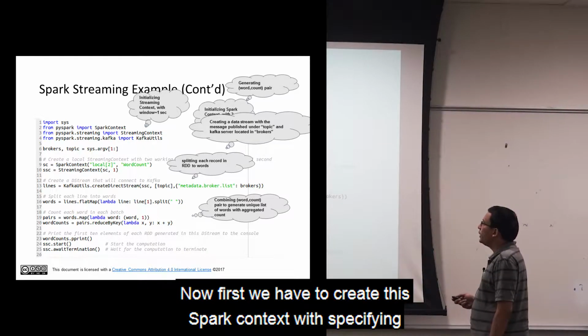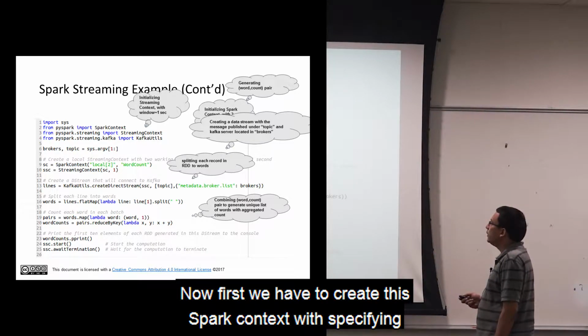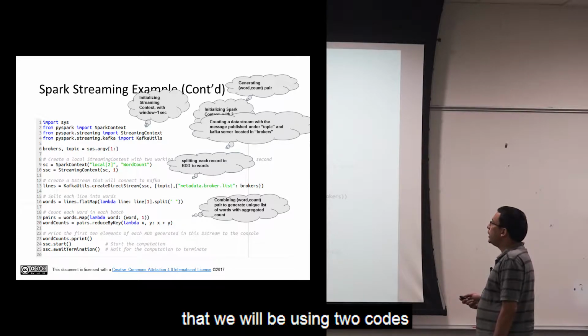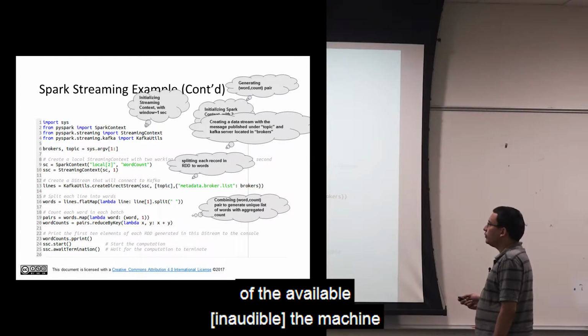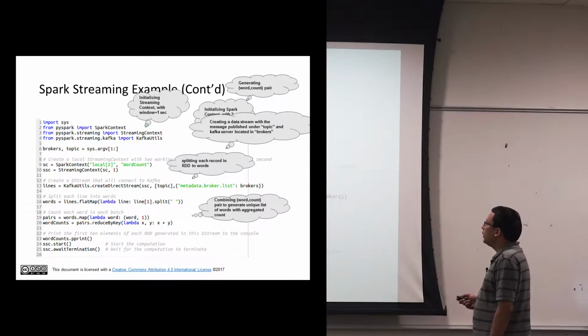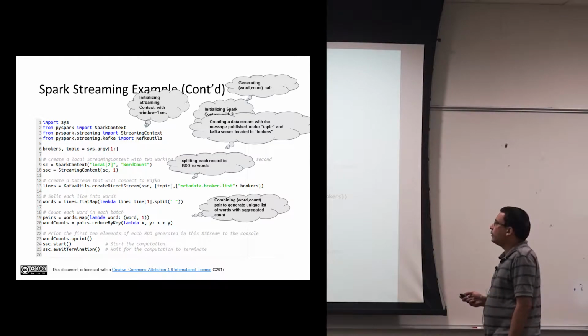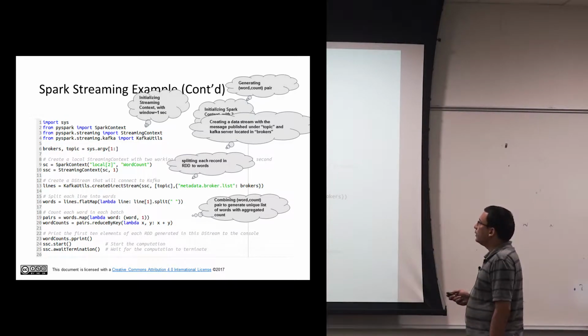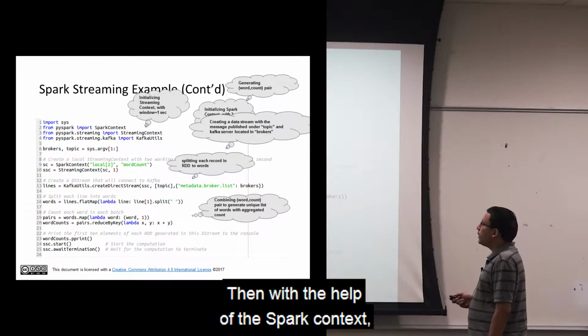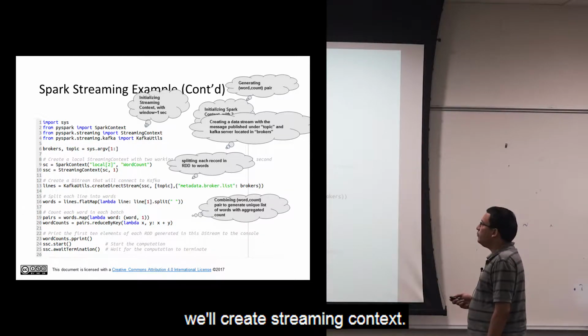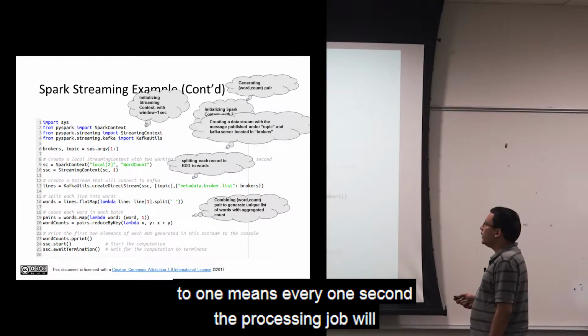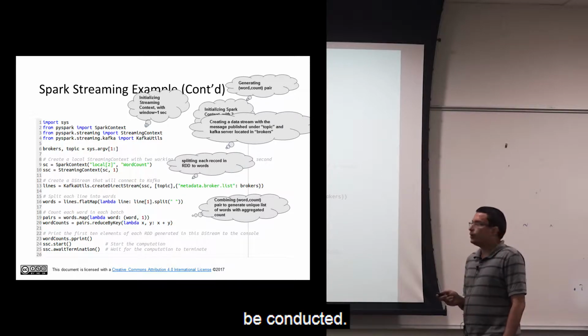Now first we have to create the Spark context, specifying that we will be using 2 of the available cores in the machine, and we are giving it a name so that we can later see in the logs that this application ran in this manner. Then with the help of the Spark context, we create the streaming context, and we set this value to 1, meaning every 1 second the processing job will be conducted.